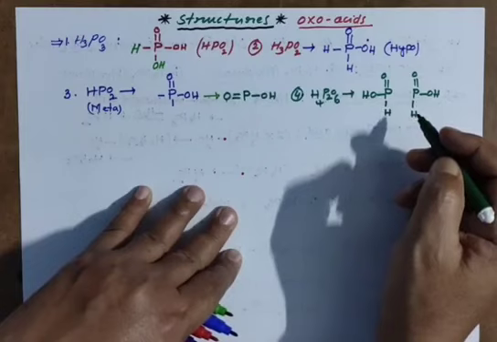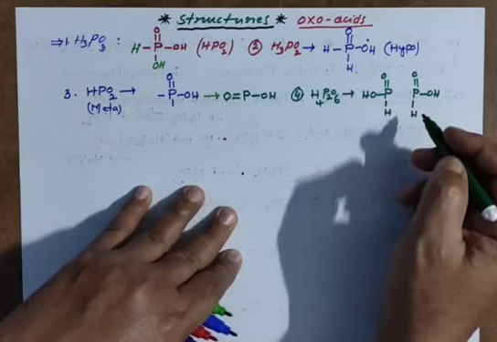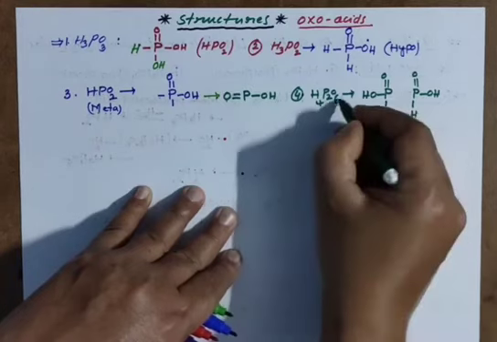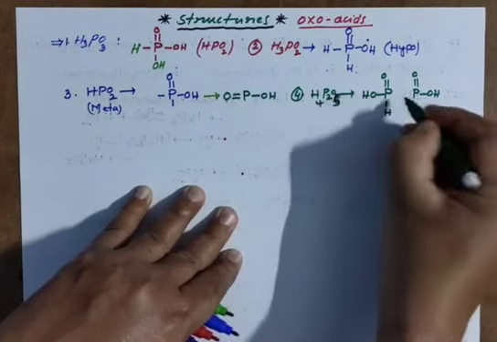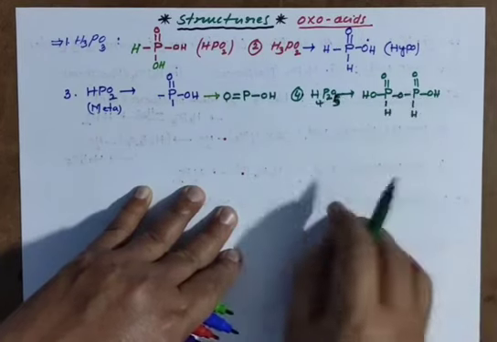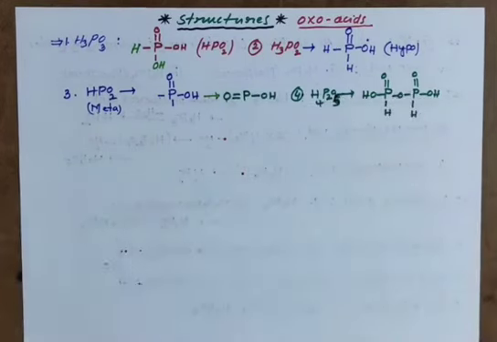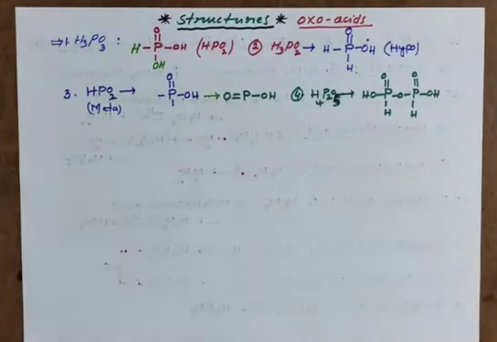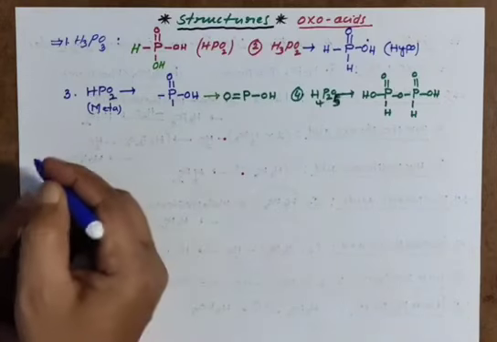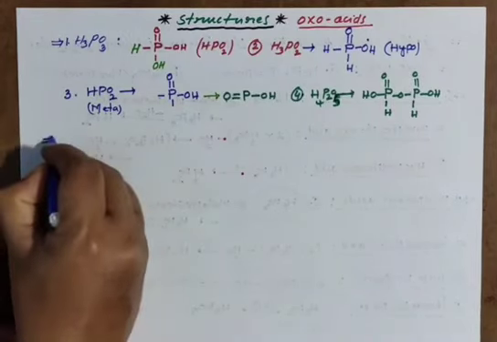For pyro we have to write 5, not 6. Clear? So this is the basic unit, and 4 are completed.